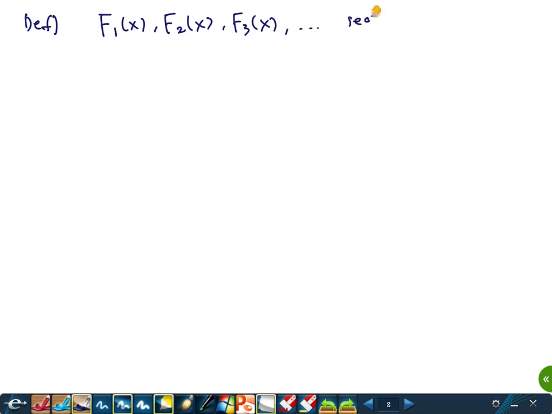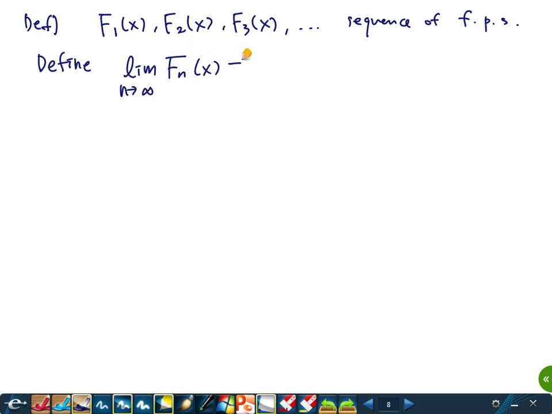What is the limit? We define the limit as n goes to infinity of f_n(x) equals f(x) if the following is true.